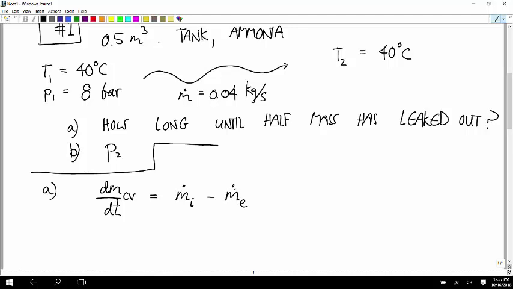And all we have is mass flowing out. So this is 0. And so we know that dm for the control volume, dt, is equal to negative 0.04.